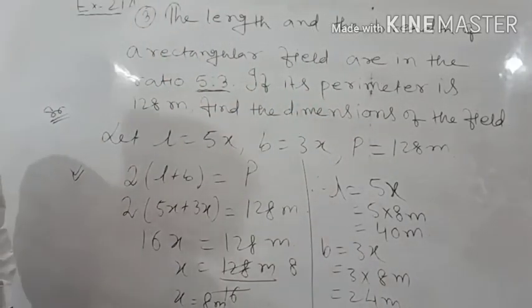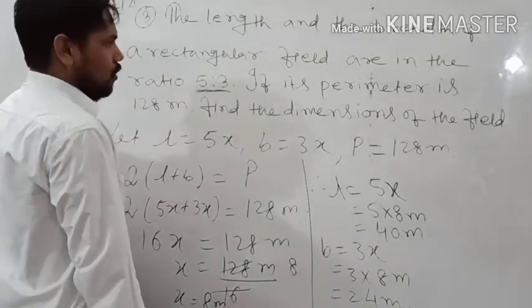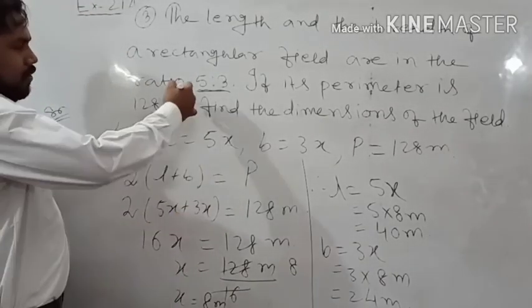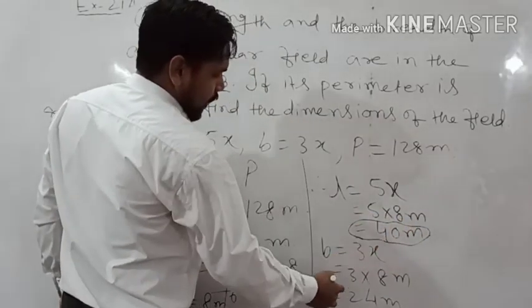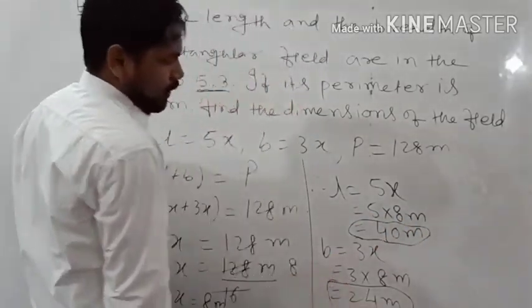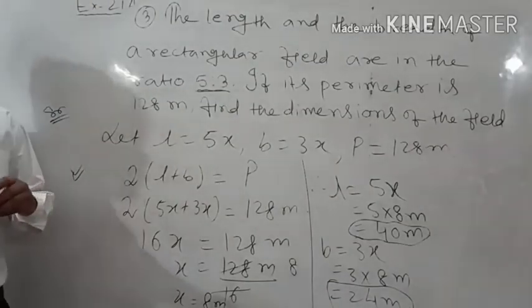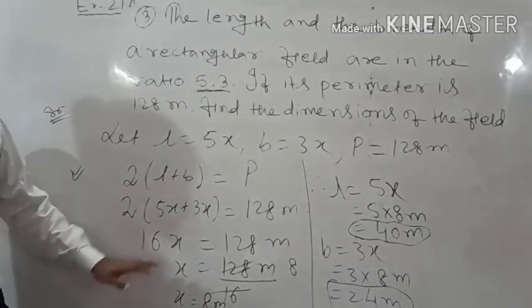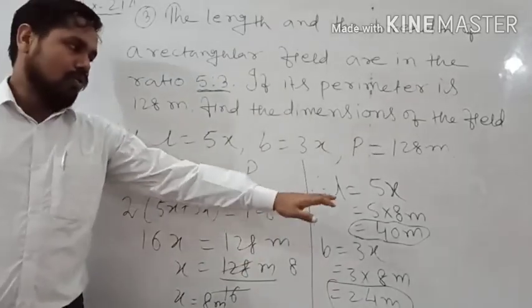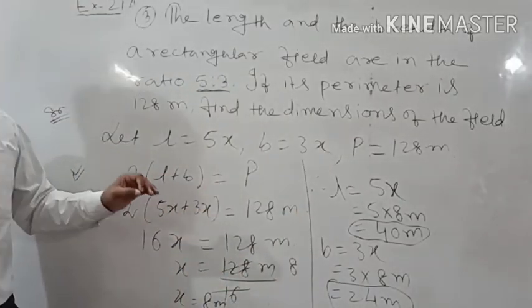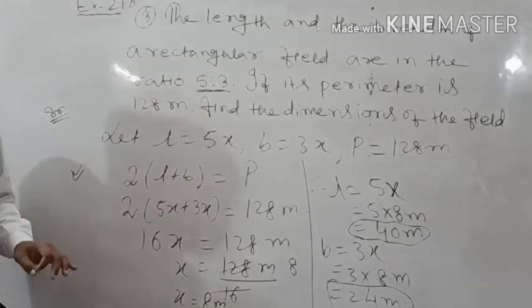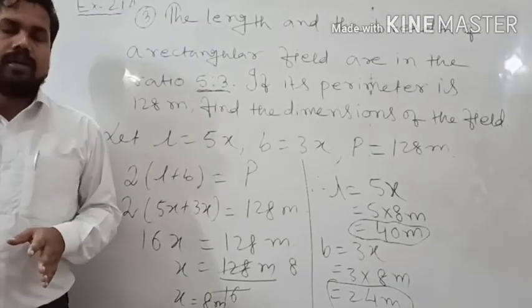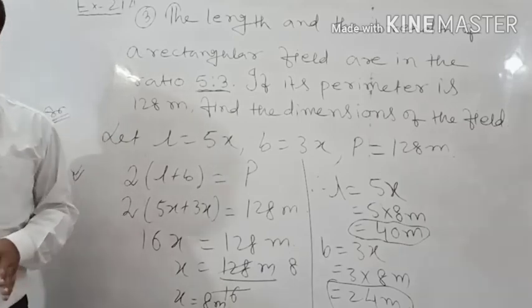So the length of the rectangular field will be 40 meter and breadth will be 24 meter. This is how finally at the last you can write: therefore, the length of the rectangular field is equal to 40 meter and breadth of the rectangular field is equal to 24 meter. This is how you can solve the questions related to squares and rectangles, this type of calculations.